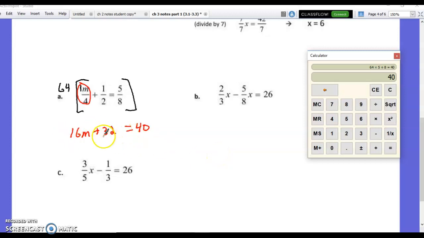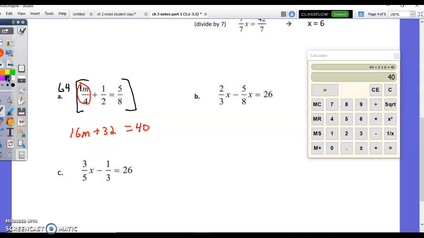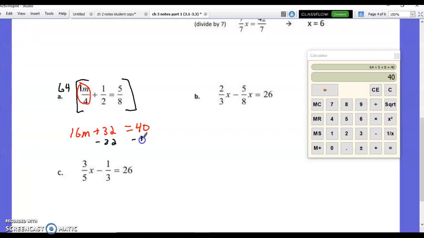In this case, there are no like terms, so I'm going to go right to the subtraction part. We're going to undo that 32. We're getting rid of it by subtracting it. Subtract 32. So then I have 16m equals 8. Divide by 16. I'm running out of room here, sorry about that. 8 over 16. I'm going to write it up here.